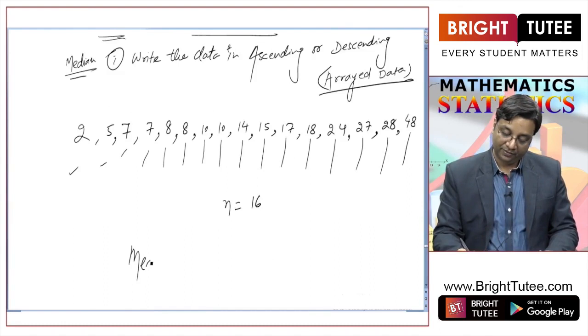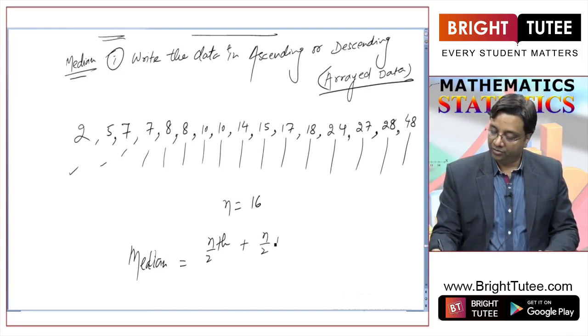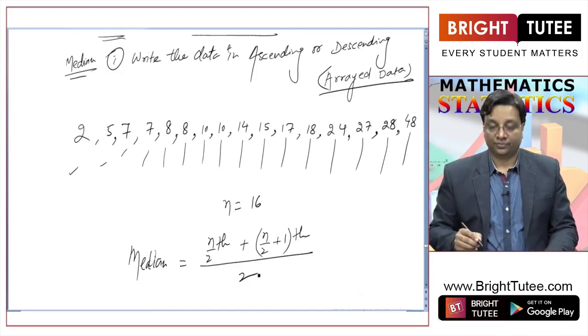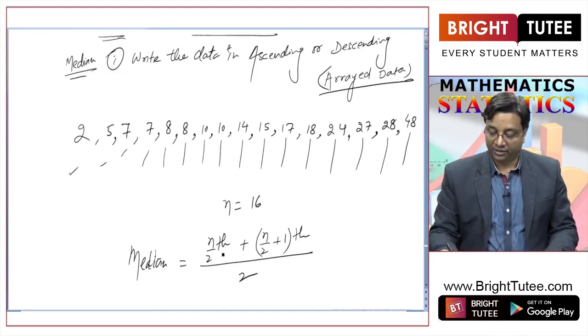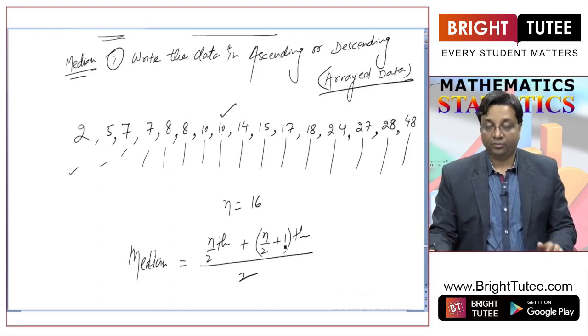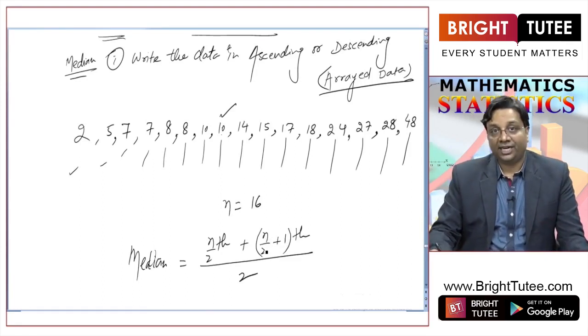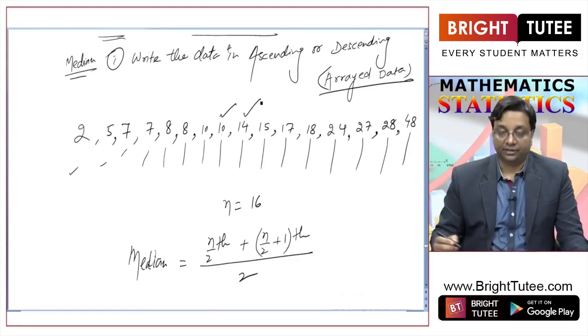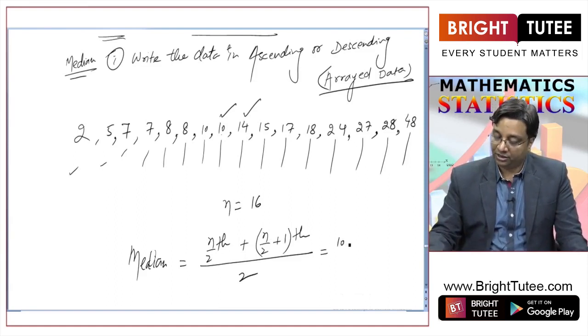So median will be sum of n by 2th observation, n by 2 plus 1th observation, and it is divided by 2, right? N by 2th, that means 8th observation. So what is the 8th observation? This one is 8th observation. N by 2 plus 1, that means 16 by 2, 8 plus 1, 9. So 14 is the 9th observation. So what I'll do is I'll add these two and divide by 2 to find the median.